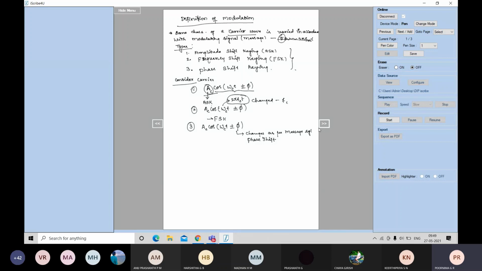If the carrier's frequency is changed as per the message signal, say you are taking 00, 01, 10, 11 as the symbols during transmission, for 00 some frequency, for 01 one more frequency, for 10 one more frequency, for 11 one more frequency. When you assign such frequencies, the modulation is termed frequency shift keying.